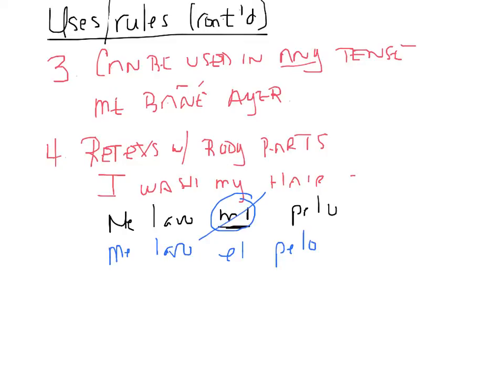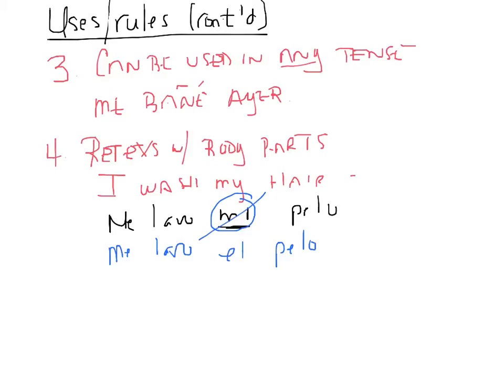pelo. And the reason for that is because the verb is reflexive, we know that we're doing the action of the verb to ourselves. So to add this possessive in here, telling us whose hair it is, is actually redundant. Because we know the verb is reflexive, we know whose hair it already is.